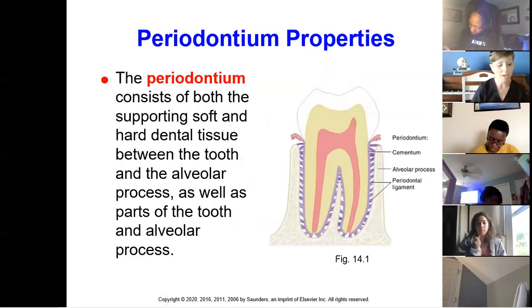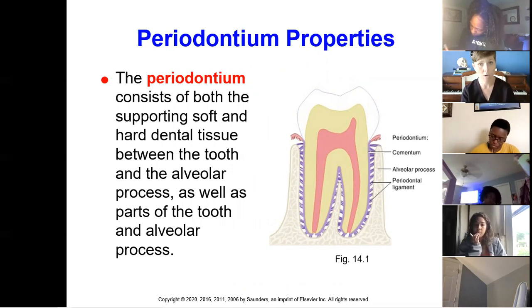The second part of the periodontium is the alveolar process. The alveolar process is the actual bone that the teeth sit in. You can see in this image, this is the periodontium. This purple line is your cementum, so it outlines the root. You have your alveolar process, which is the bone that surrounds the teeth.